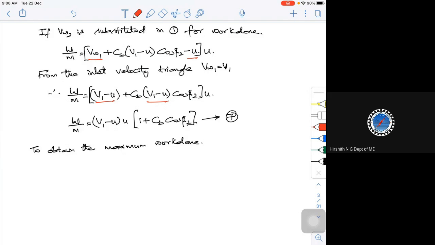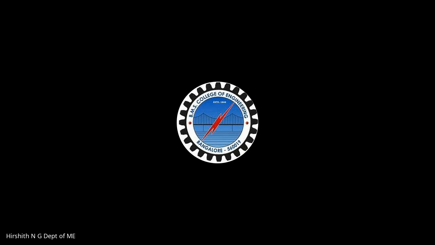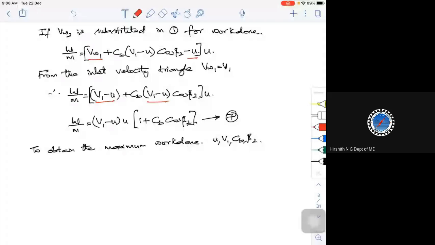V1 is controlled, because V1 is the velocity of the jet arriving at your turbine, and the friction factor is also constant. So now what will be the variable? The variable will be your speed.